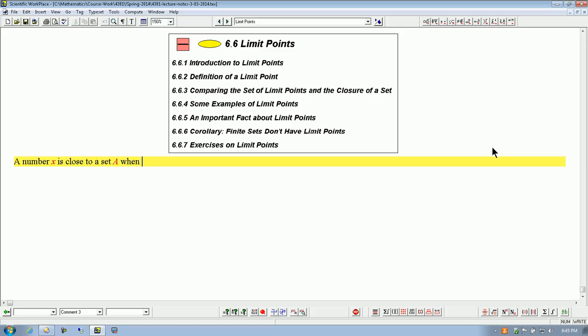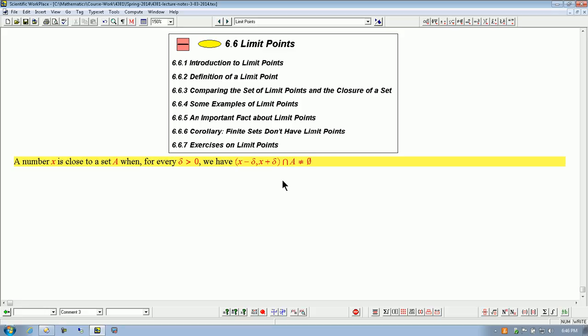When for every delta greater than 0, we have, let's say, the intersection of that interval with the set A is unequal to the empty set. And this is if and only if for every neighborhood of X, the intersection of that neighborhood with A is non-empty.